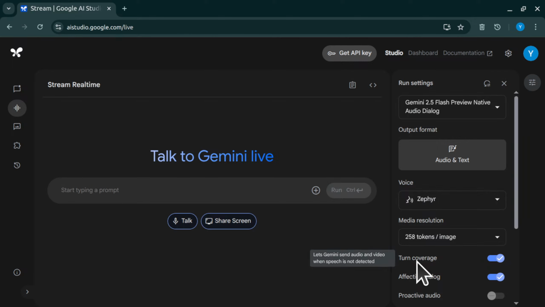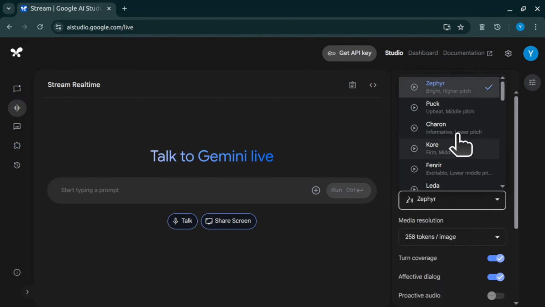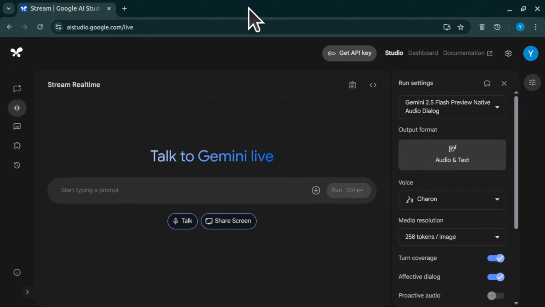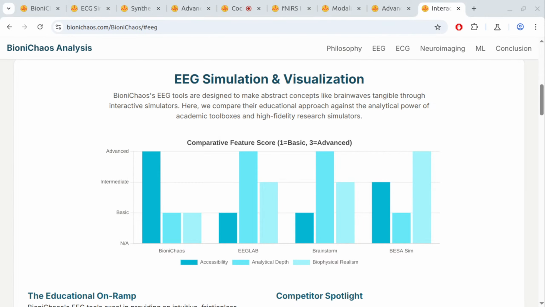So would it then be looking at the screen changing? And then effective dialogue is letting Gemini adapt its response style. Okay, fine. So it seemed to work well. Let's try a different voice. And we're still waiting for the report.